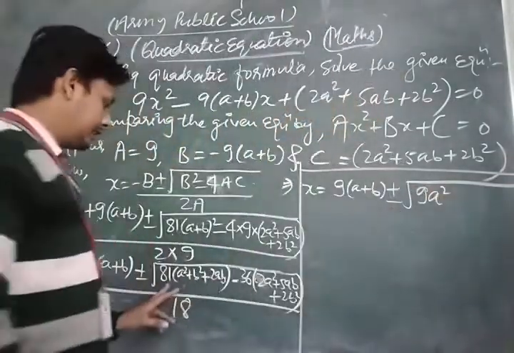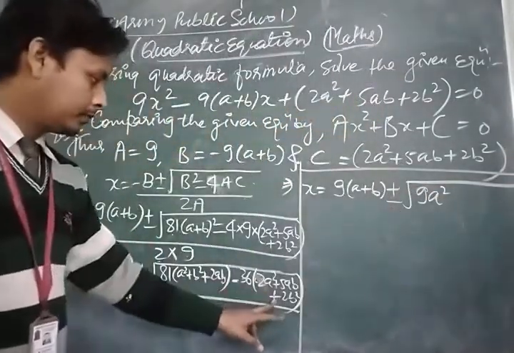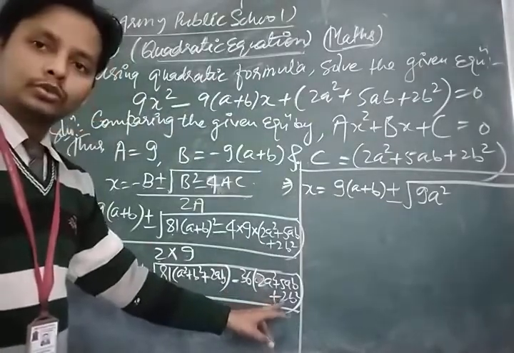Now look, 81 b square minus 72 b square, so 9 b square is left.